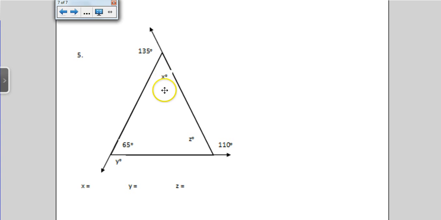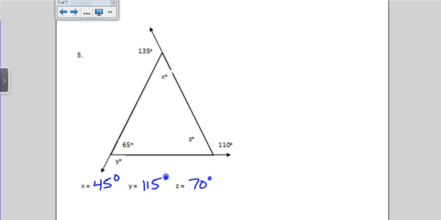So 180 minus 135 will give you 45 degrees. For angle y, same idea, 65 and y are supplementary, so 180 minus 65 gives you 115. And then angle z, again, is supplementary. So 180 minus 110 gives you 70 degrees.